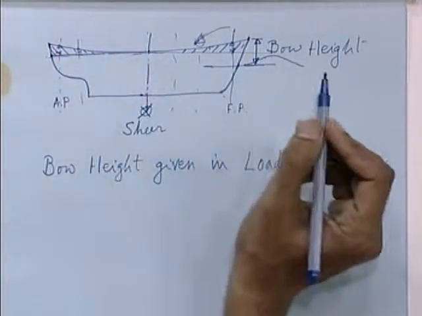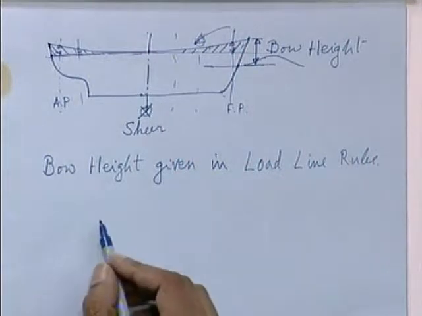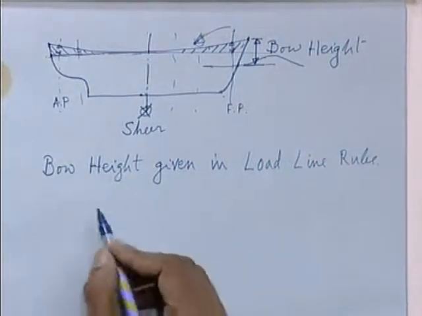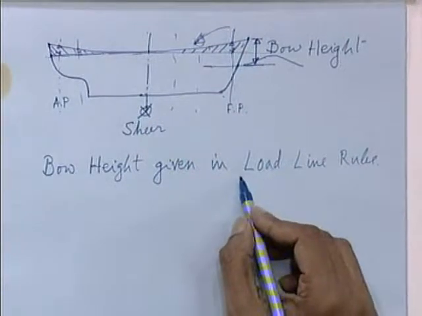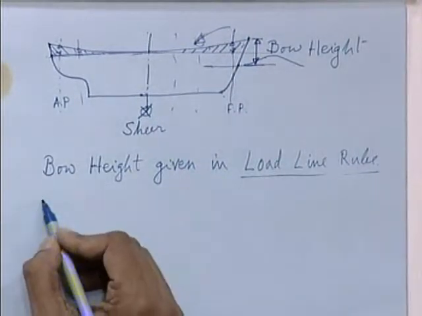So normally when you study the load line rules, previous class I have talked about how these load line rules are given. That is, load line rules are important for freeboard calculations.